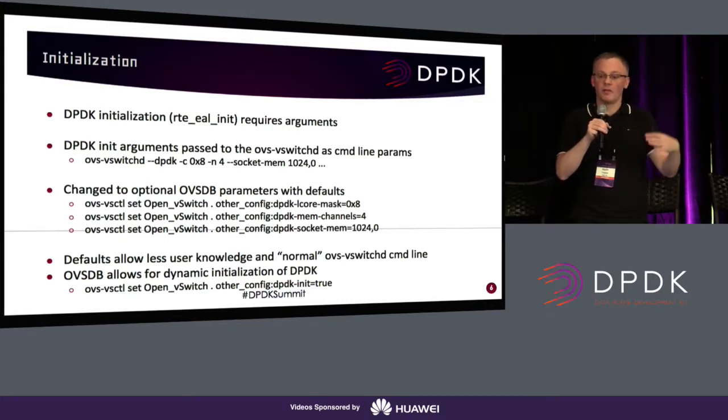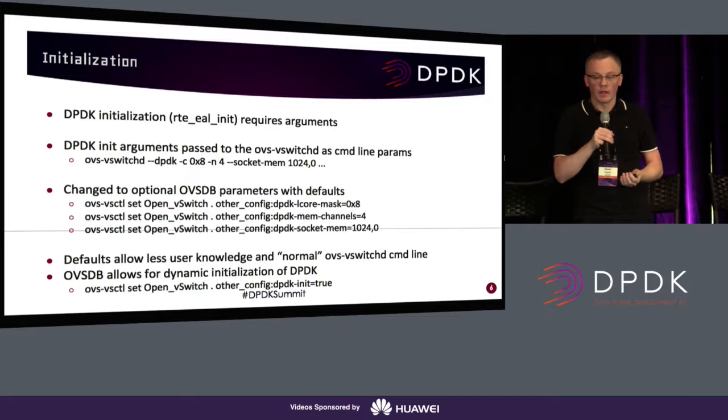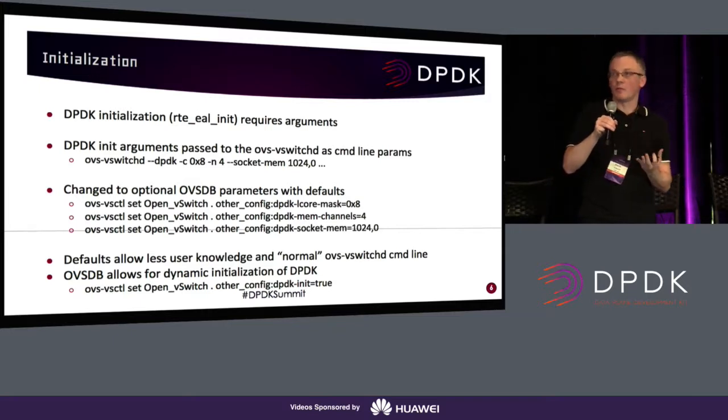Then you take it one level above, and you've got the users of DPDK, so maybe some of the developers of Open vSwitch with DPDK, but then you've got the users of OVS. So it's way too low level, but we still have to pass them in because EAL init needs arguments. So that was one problem.